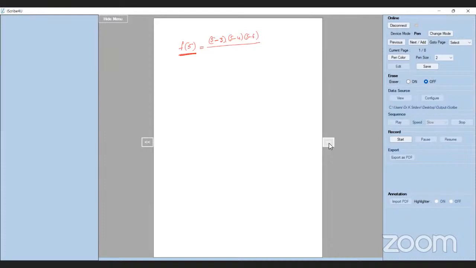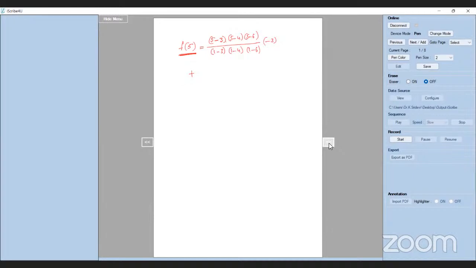What is x0? 1. 1 minus 3, 1 minus 4, 1 minus 6 into f of x0. f of x0 is minus 3. Plus, so go to take next term.